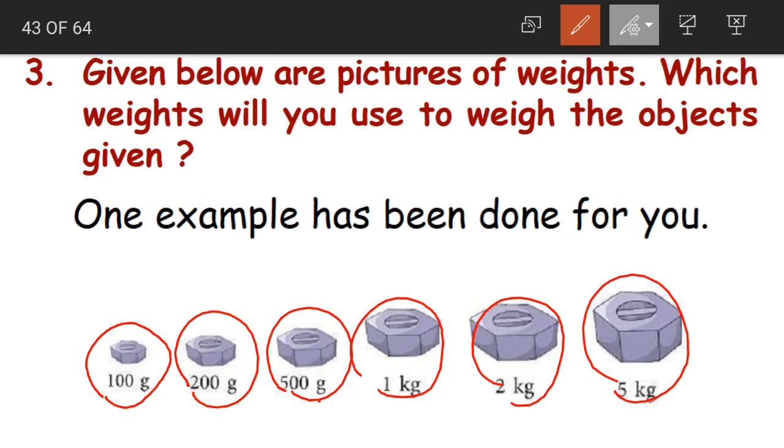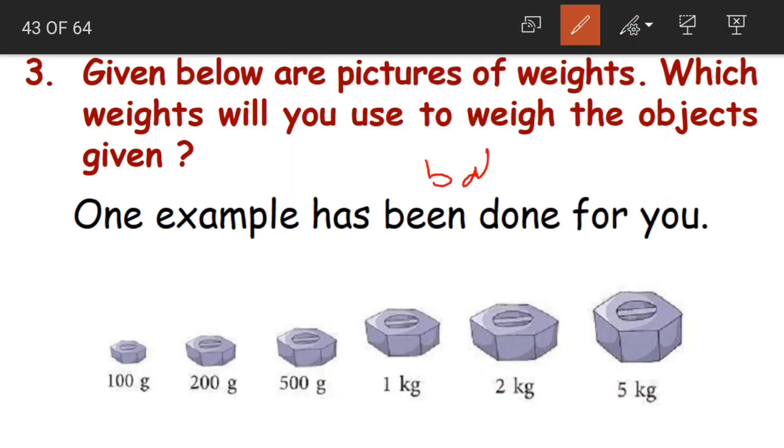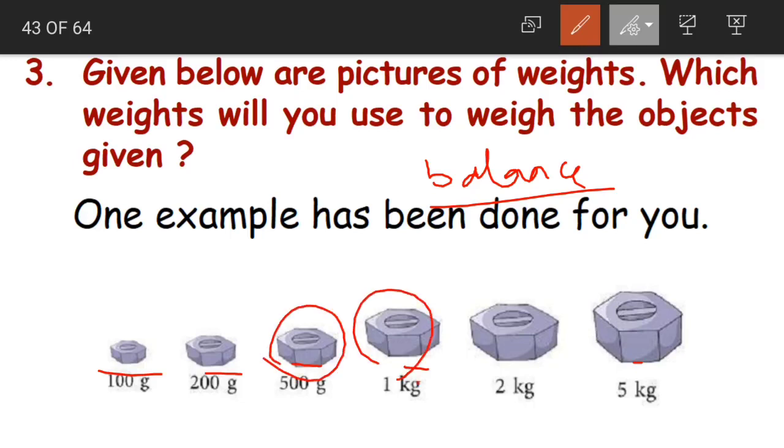Again, if you remember from the simple balance and pan balance, we put these weights in one pan and the object in the other pan. Yes, the weight of these stones and also the weight of the objects should be equal.